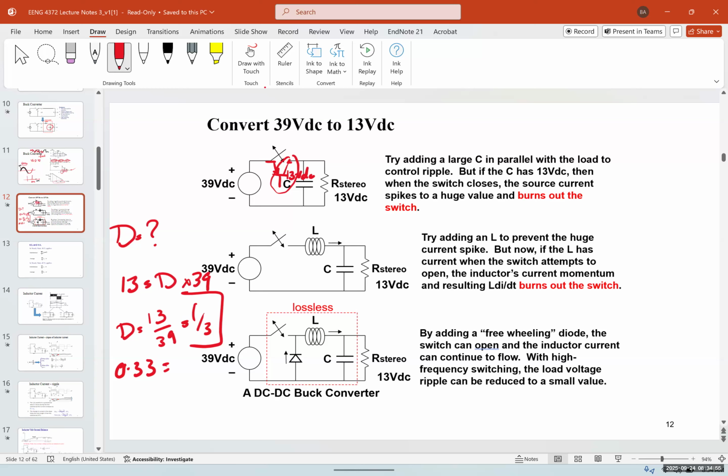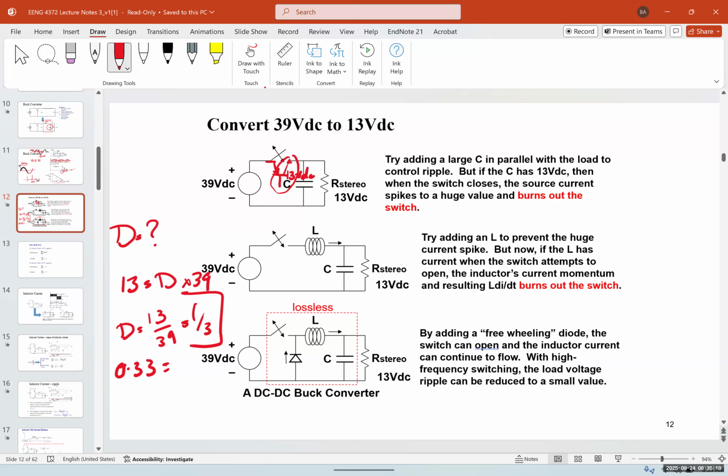Now, to prevent that, we add an inductor L. This would prevent that huge spike in the current because the inductor now is storing current. Okay? But now the inductor itself causes another problem.